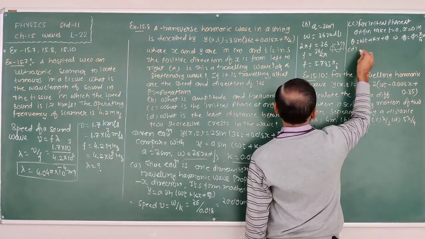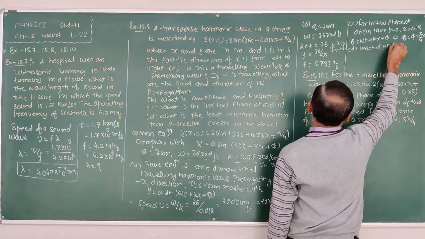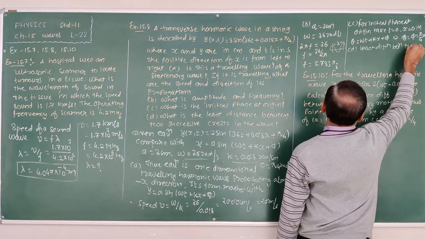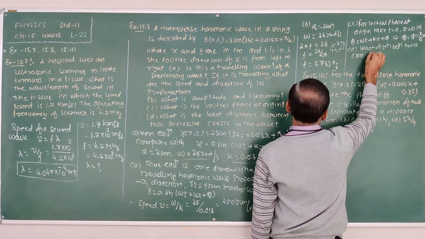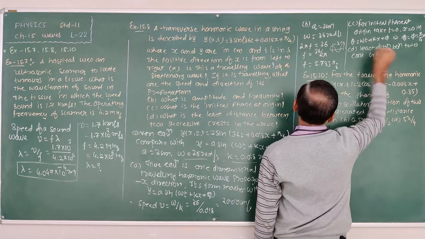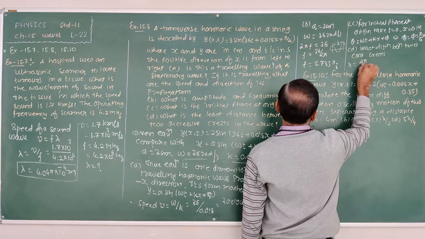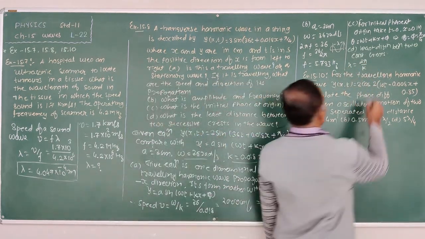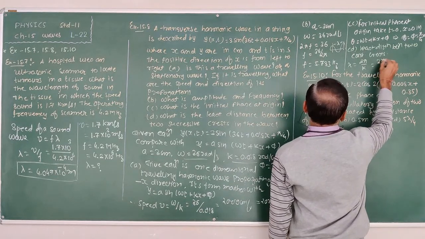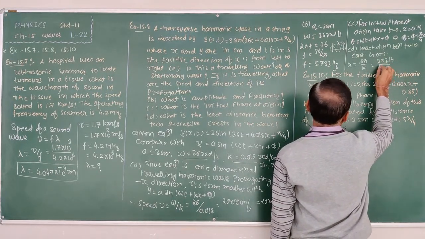Substitute the value, 2 pi is 3.14 times 2, k is 0.018.